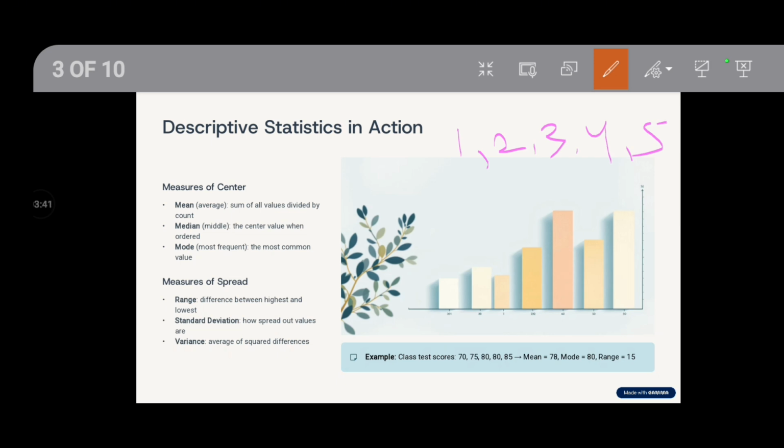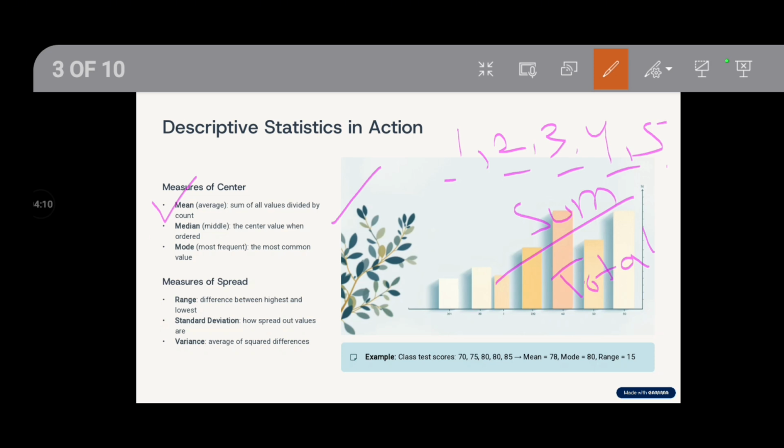First we have to find the mean, that means average. We sum all the values and divide by the total count. How much total count do we have? 5. We divide the sum of all by the total count, and we simply get the mean.